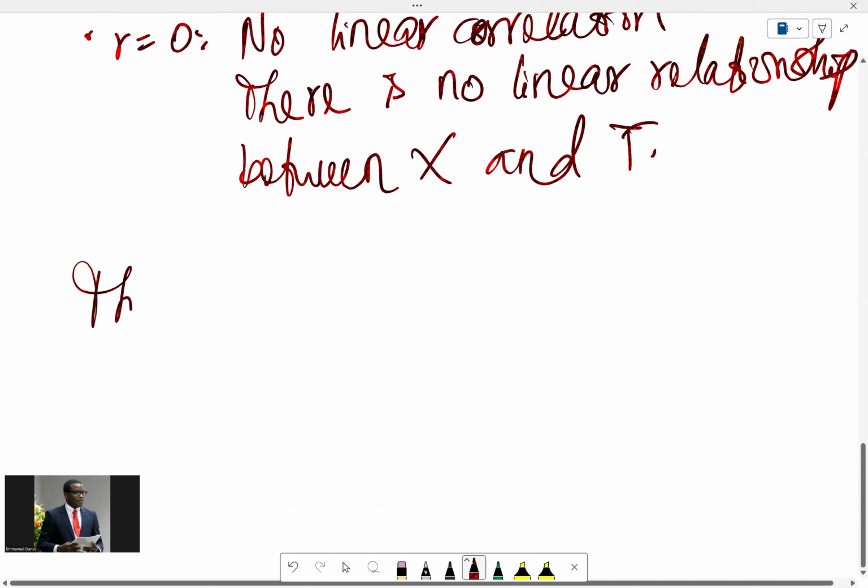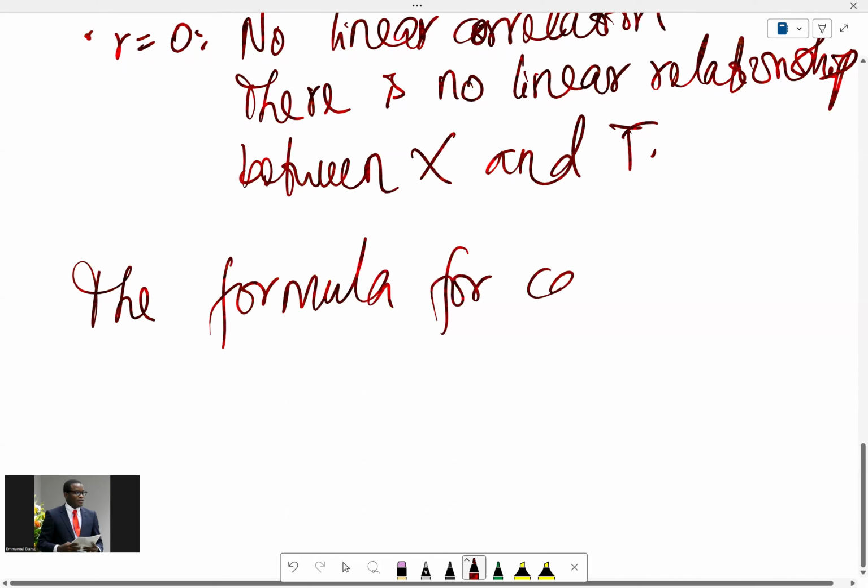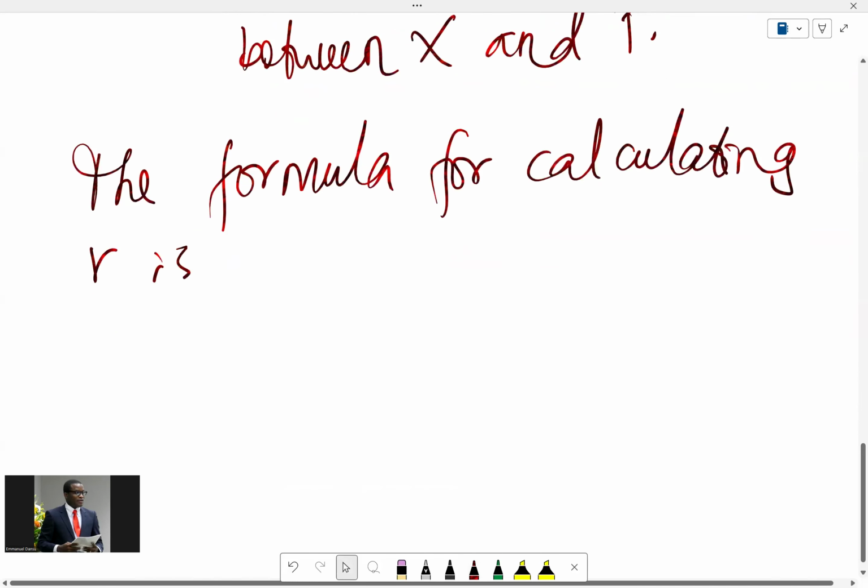So the formula for calculating R is this.